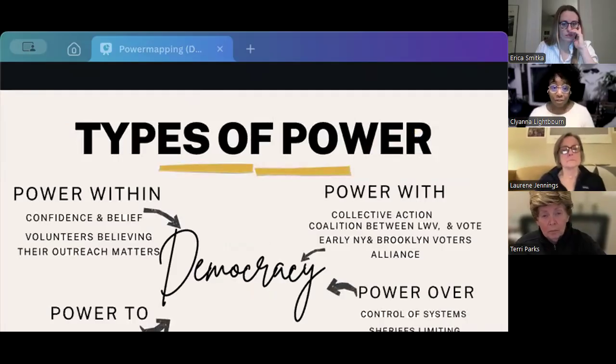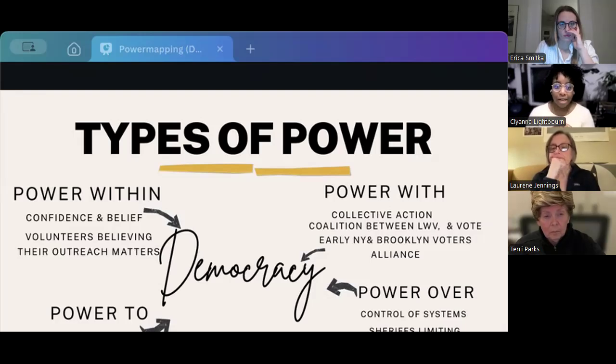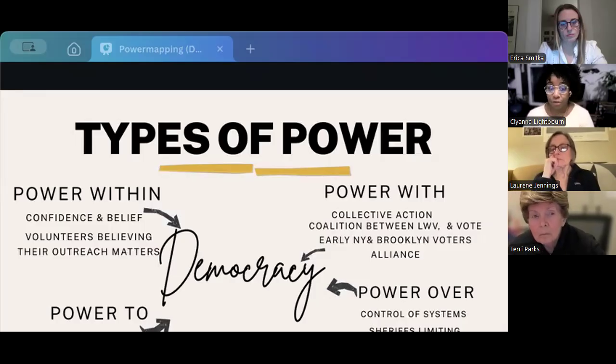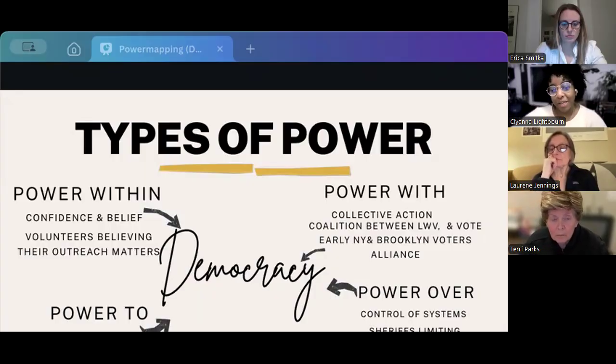I've said power a bunch of times, but I want to level set so we all understand what the different kinds of power can be in a campaign. There's power within, the inner confidence people have that change is possible, the power of one, the power to make change. Then there's power with, the power of collaboration and coalition work. Next is power to, the ability to take or to block actions.